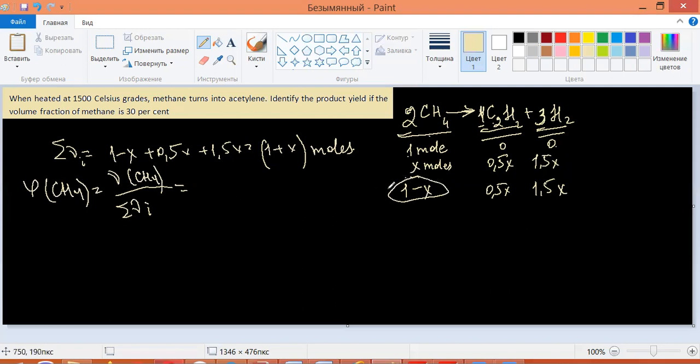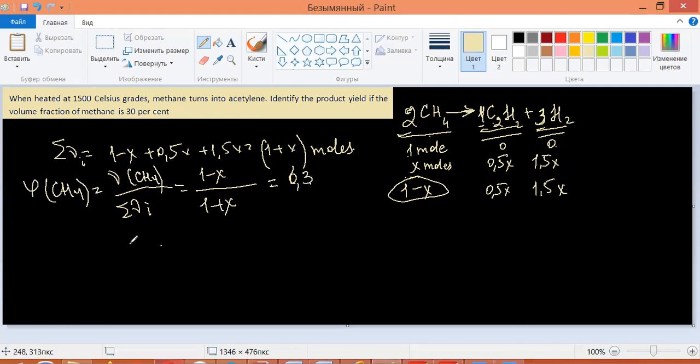In the final gas mixture, we had 1 minus X moles of methane, and the total amount of gas mixture is 1 plus X. According to the problem's data, it equals 0.3.